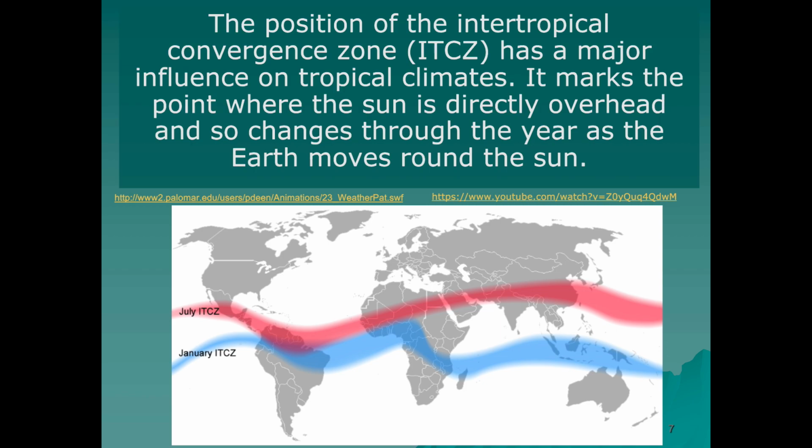What I need you to accept, or hopefully even better, understand, is that the ITCZ moves north in our summer, the Northern Hemisphere summer, and it moves south in our winter, which is why the summers are the opposite in the Southern Hemisphere, because it completely depends on which half of the planet is receiving the solar radiation.